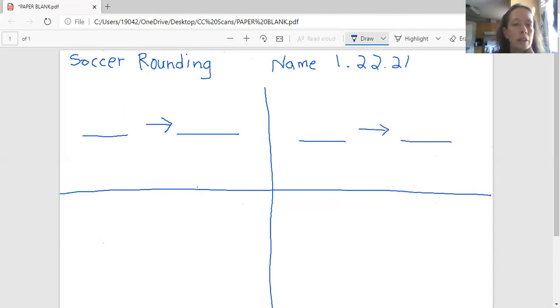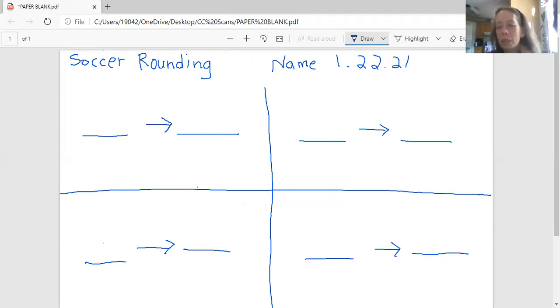A line, arrow, and a line, arrow, and a line. We're going to work some more on this in the classroom too, so don't worry if you don't get it right away, but you absolutely have to do this, okay? I need to see this paper. I need to see the marks on the paper right in here. I need to see all of this stuff because this does count as an assignment, okay?